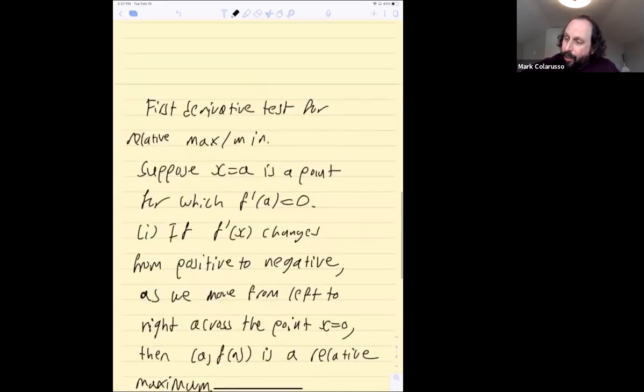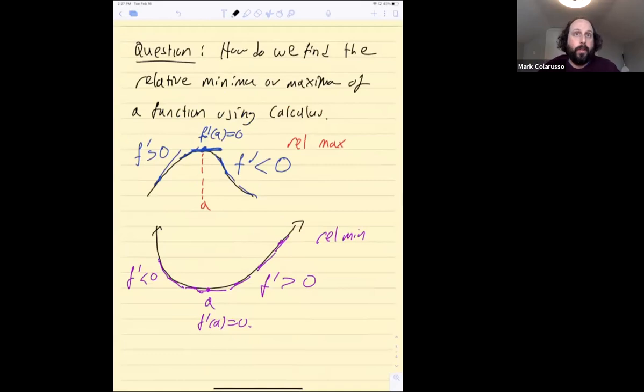So that's exactly what I was saying in this first picture, right?